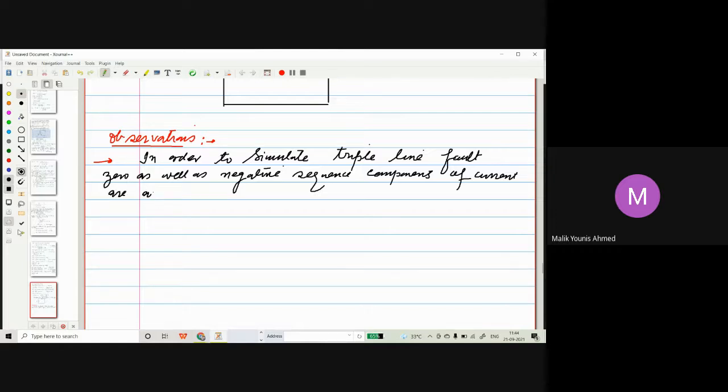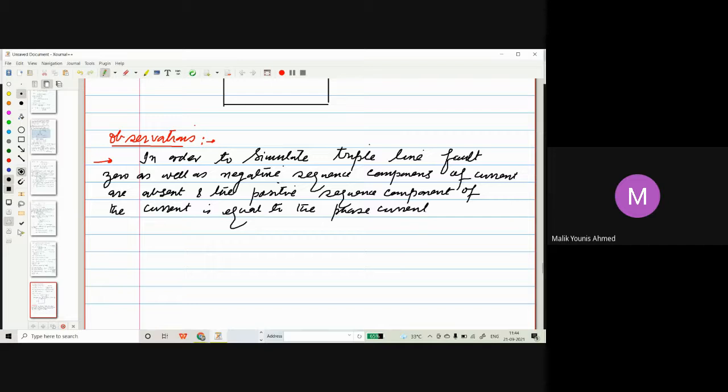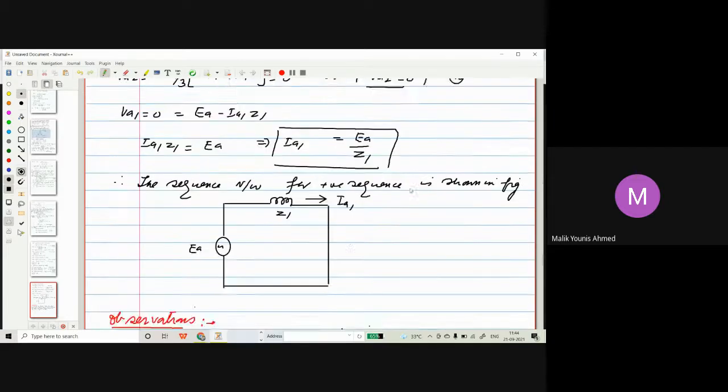Only positive is present, and the positive sequence component of the current is equal to the phase current. So only the positive sequence will be present, and that too will be equal to the phase current. Okay, this is one.